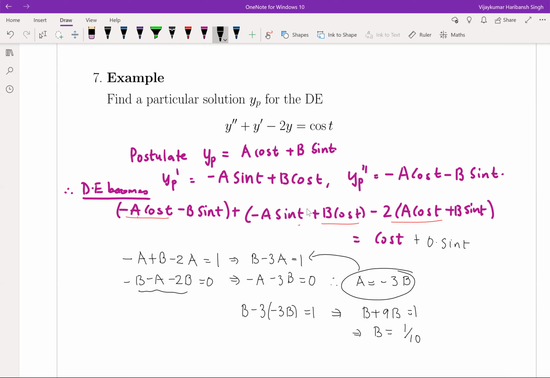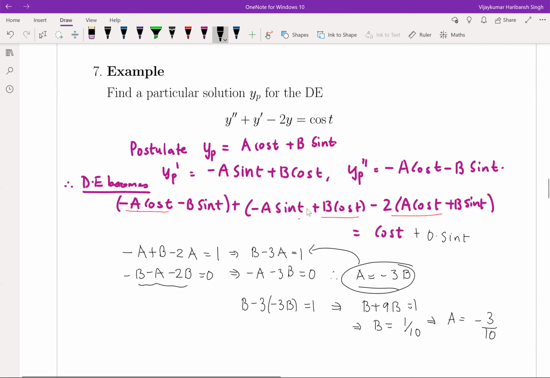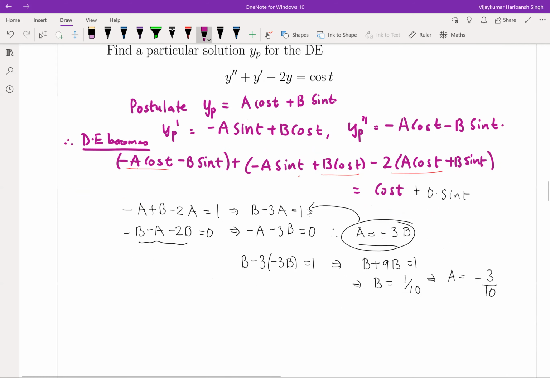Now I plug this back into this equation to see that a is minus 3 over 10. So what is my yp then? I can now report yp is a cos t, which is minus 3 by 10 cosine t, plus b, which is 1 by 10 sine t. So this is how you find the particular solution.